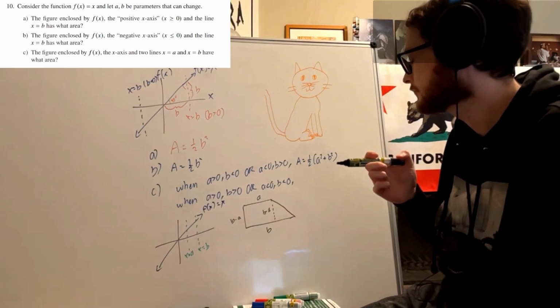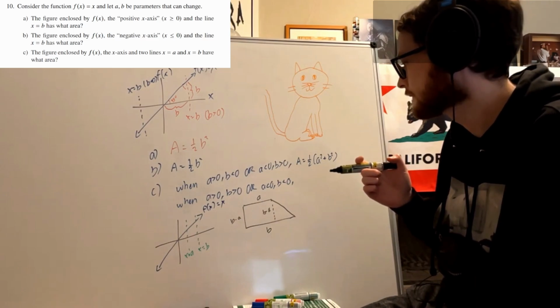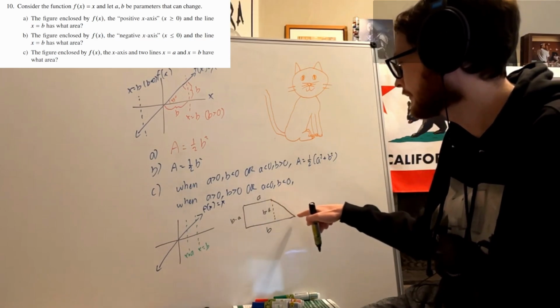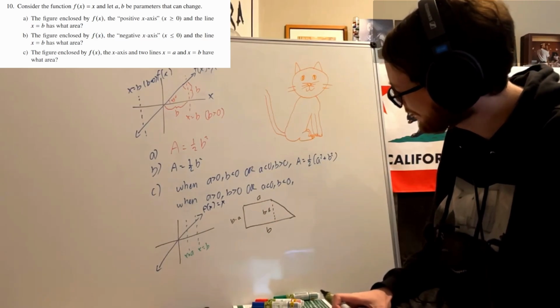I feel like these also have to be 45-degree angles, and that actually, that does have to be a square, if those are 45-degree angles.